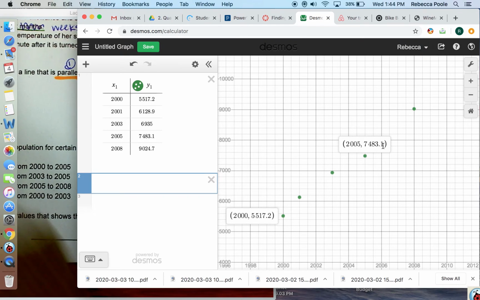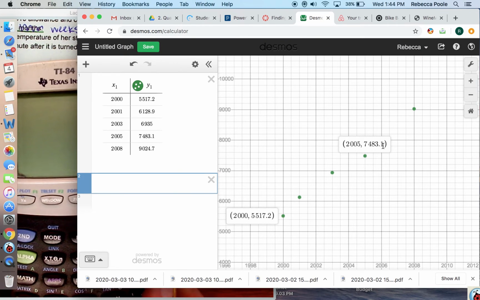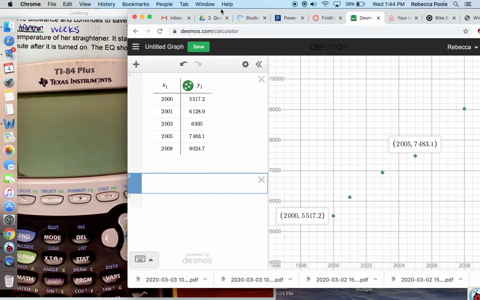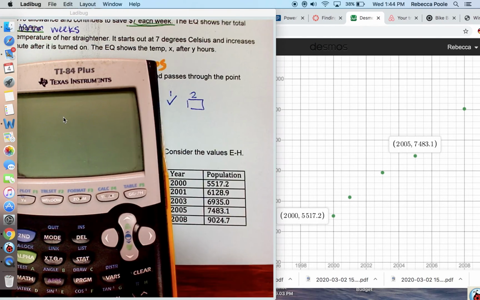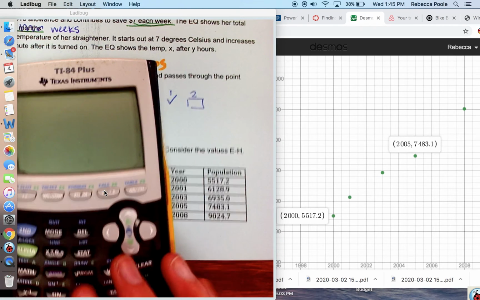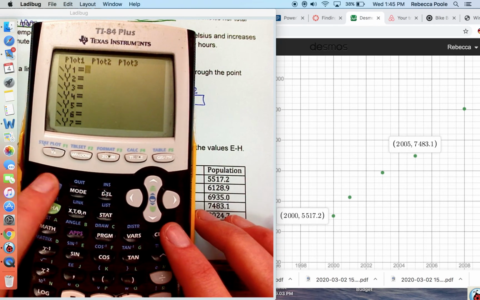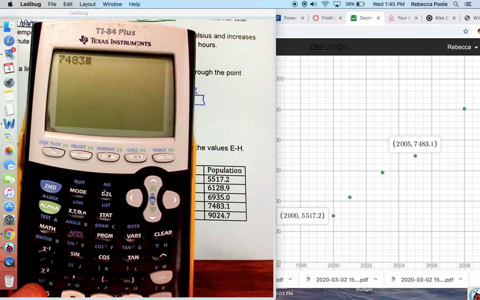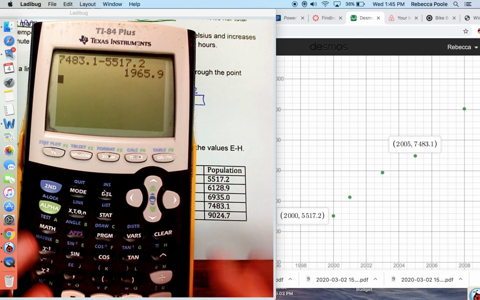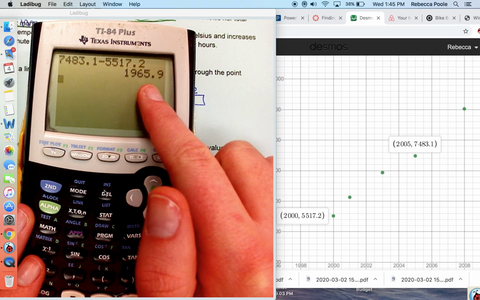So if I take my calculator, and we can still kind of see it over here. I'm going to move this just a little bit. If I take my calculator and I do 7483.1 minus 5517.2, I get 1965.9.